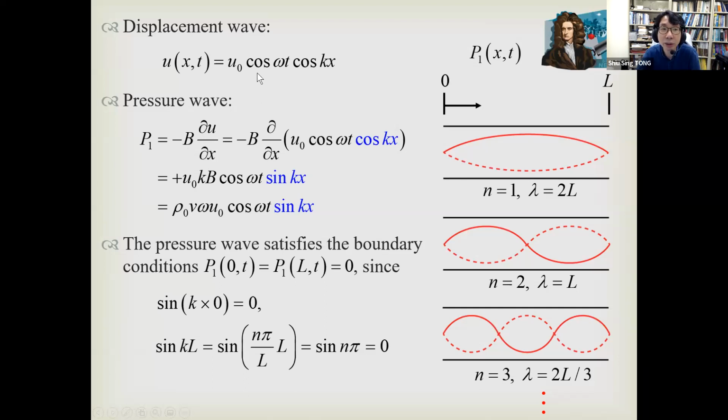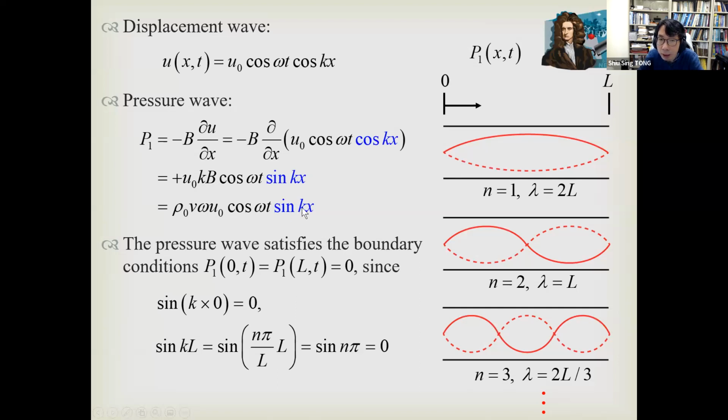So we just substitute the U into this expression, and when we do a straightforward differentiation on the factor cosine Kx, that of course gives me minus sine Kx, and the minus sign cancels with the minus sign in front. The chain rule gives me a factor of K, and so that becomes U0 B K cosine omega t sine Kx. And I can further express the K and the B in terms of v and omega, and that becomes rho naught v omega U0.